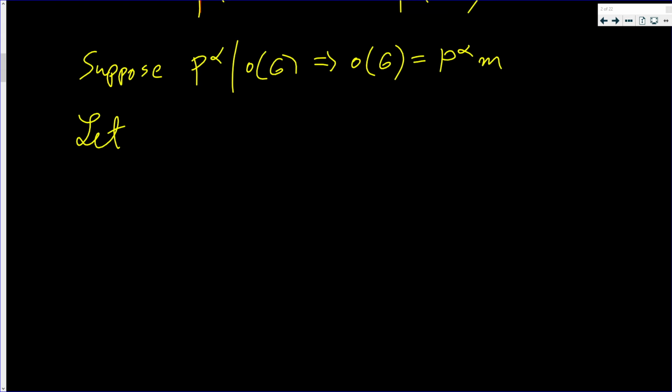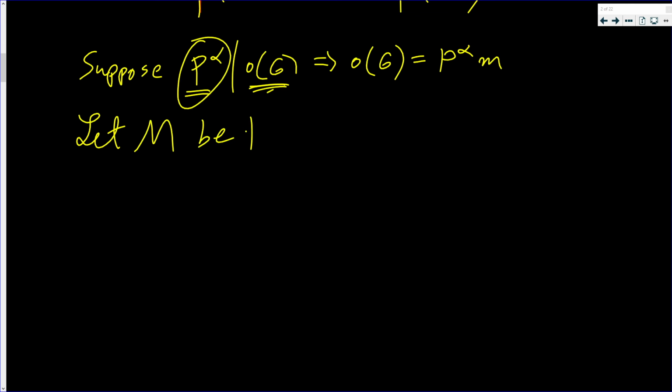Now, we want to find a subgroup of order p to the alpha, because that's what this theorem is saying. If p to the alpha divides this, then there must be a subgroup of order p to the alpha. Well, it seems natural to look at this set.